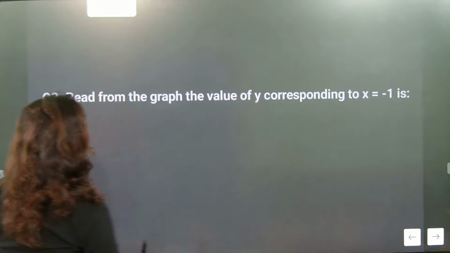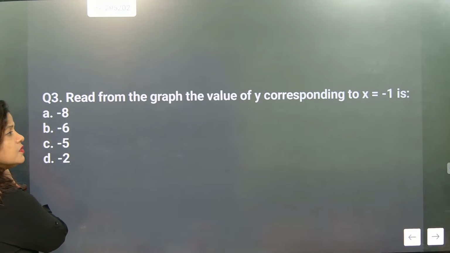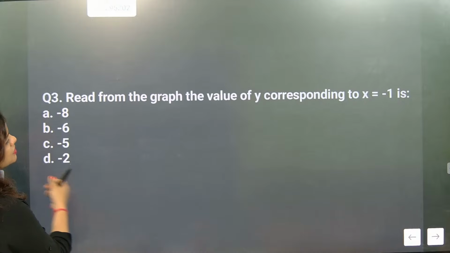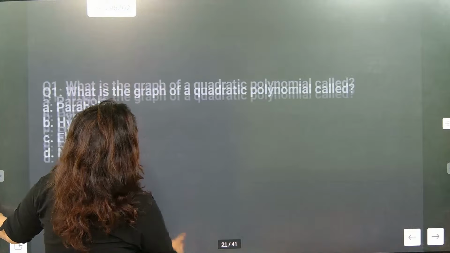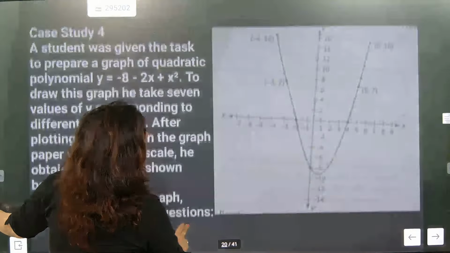Read from the graph the value of y corresponding to x equal to minus 1. When x is equal to minus 1, what is the value of y? Minus 5. When x equals minus 1, the value of y is minus 5.